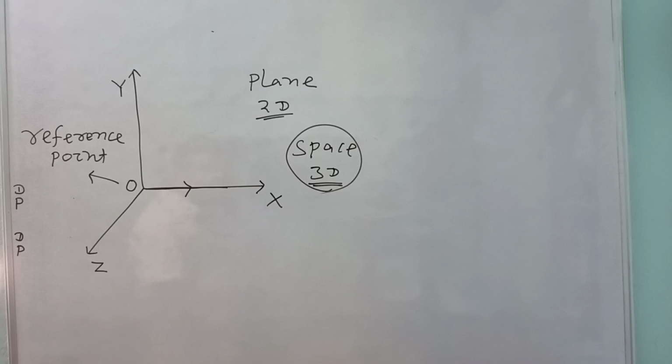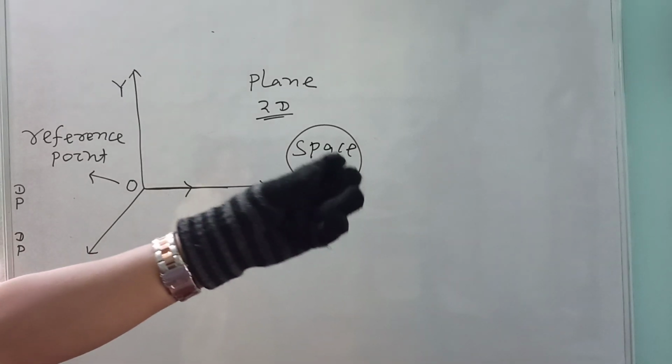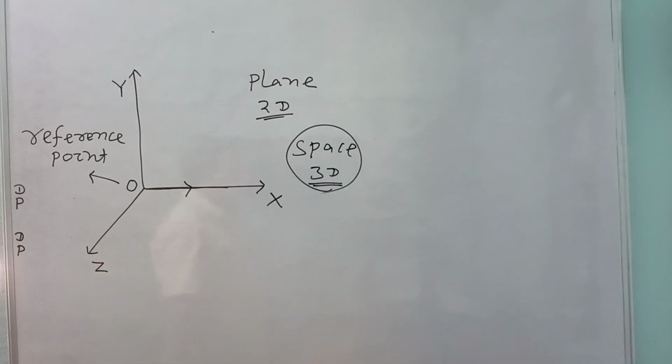Suppose I consider here is a point, and this point is in 3D because you need 3 coordinates to represent its position: x coordinate, y coordinate, and a z coordinate. If you take example, you say motion of molecule of a gas.